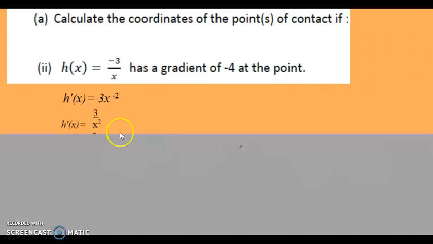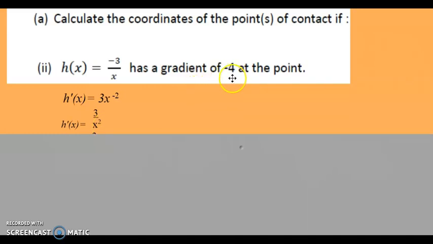So when I rewrite this, it becomes h dash x is equal to 3 over x squared. Now, that is the function for the derivative, which will also be equal to my gradient.